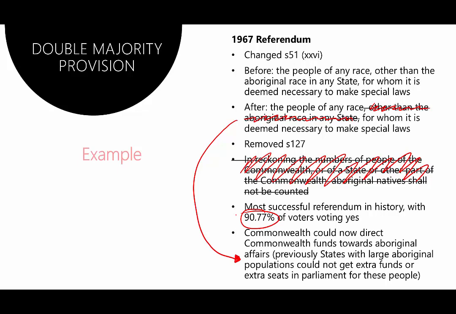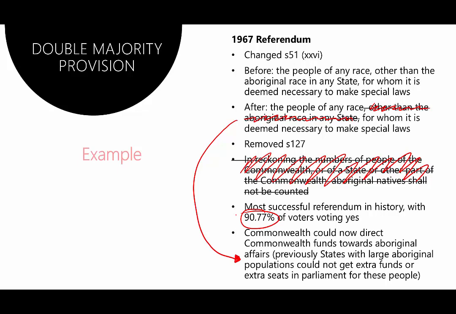So this is an example of how the Australian people can, in a way, grow the lawmaking power of the Commonwealth by agreeing to constitutional change.